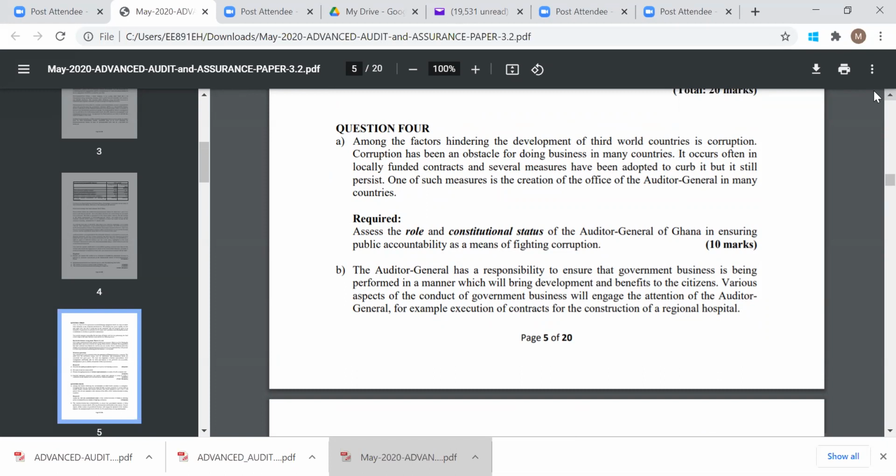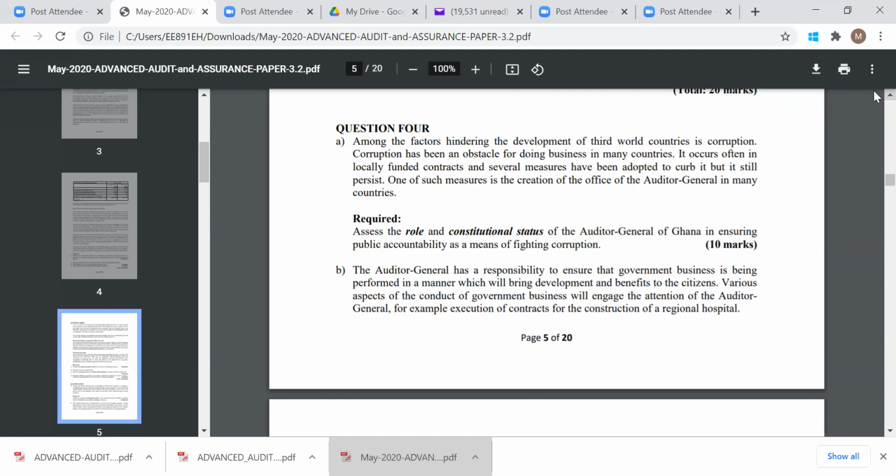Question 4A. Among the factors hindering the development of third world countries is corruption. Corruption has been an obstacle for doing business in many countries. It occurs often in locally funded contracts, and several measures have been adopted to curb it, but it still persists.